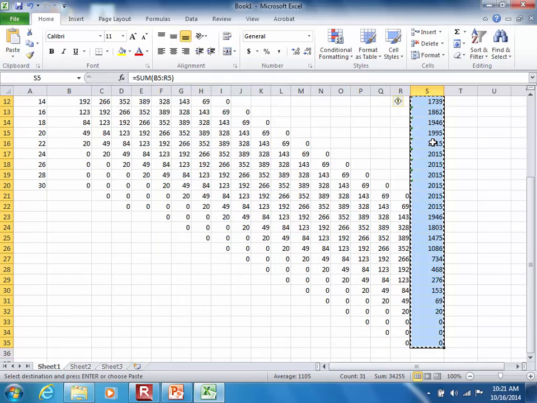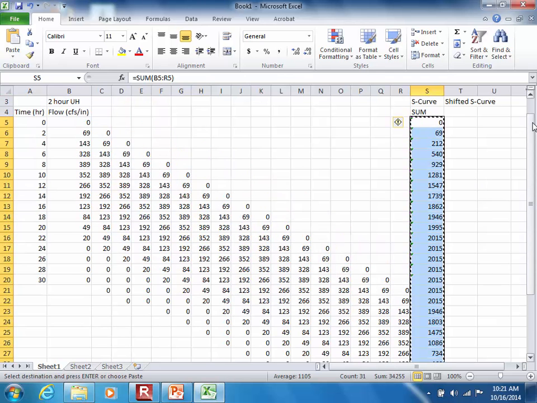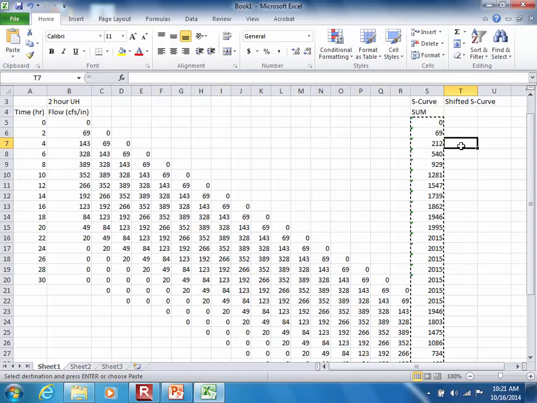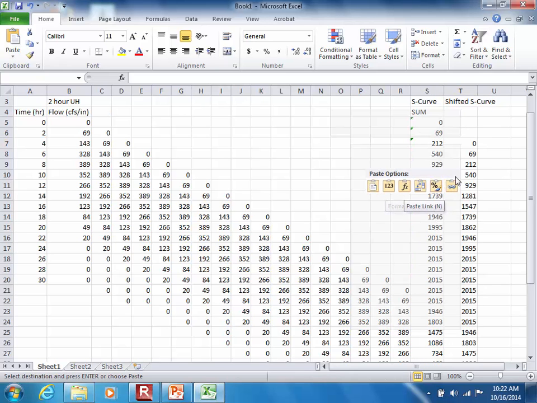So I'm creating a copy of it, and I'm going to paste the values. This is important because if we just paste like normal, it's going to paste the formulas, and it's not going to work out the way that we need. We need this to be not just 2 hours lower, but 4 hours lower. So we're going to paste the beginning of the hydrograph here in hour 4, and I'm going to paste the values, not the formulas. When I right-click for paste, it gives you some options here.